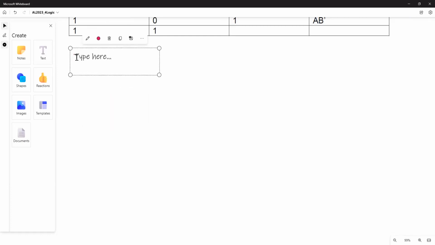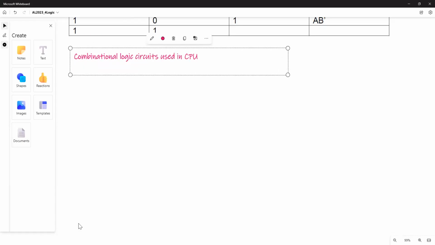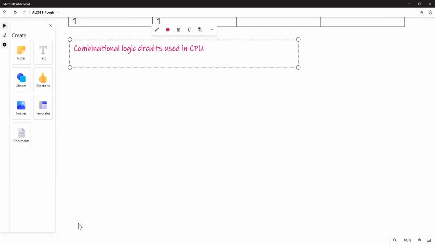That's what I'm going to do. Okay, combinational logic circuits used in CPU. Now there are many combinational circuits used, right?